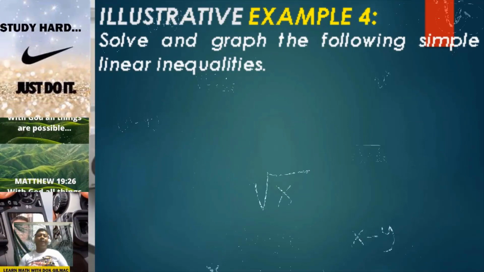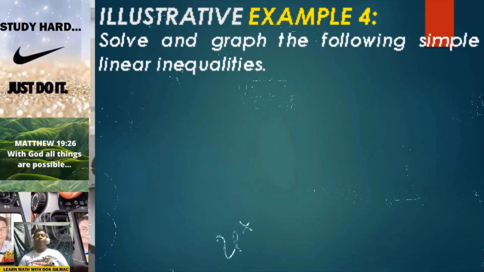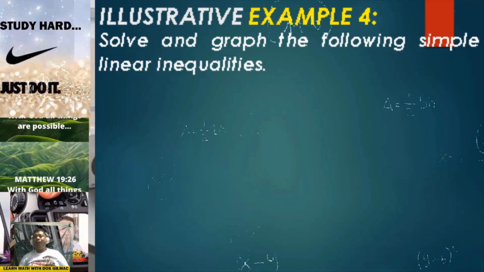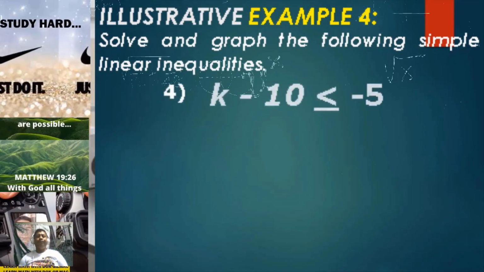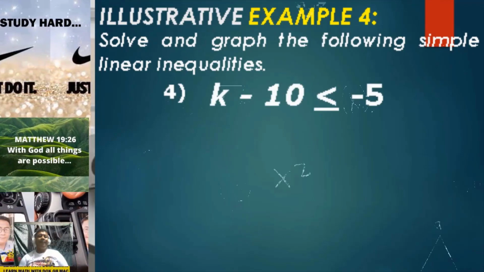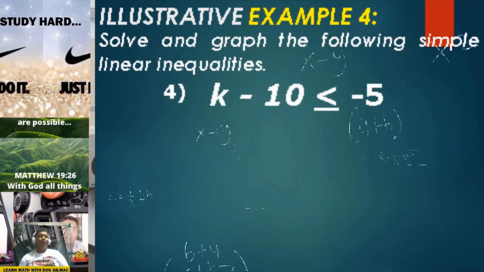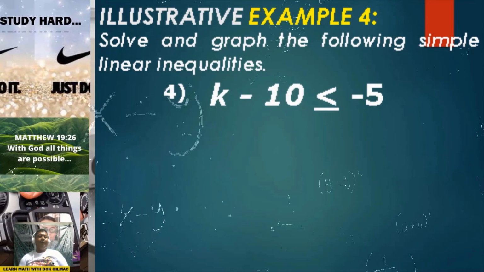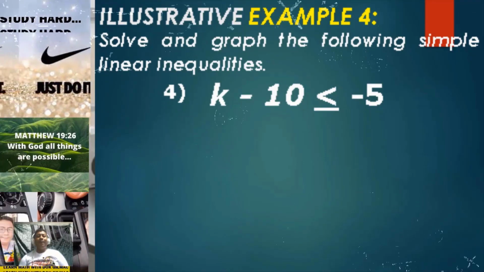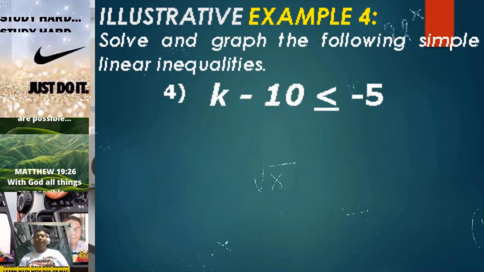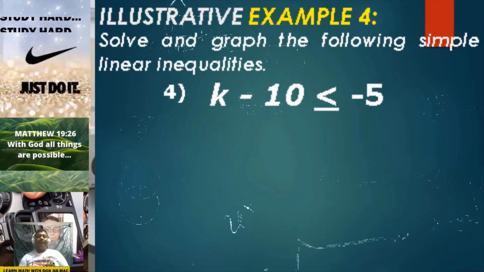Consider illustrative example number 4. Solve and graph the following simple linear inequalities. Number 4. k minus 10 is less than or equal to negative 5. In this particular inequality, we can simply apply the addition property of inequality.